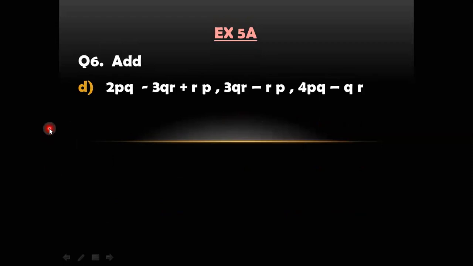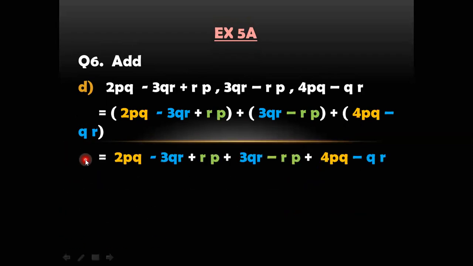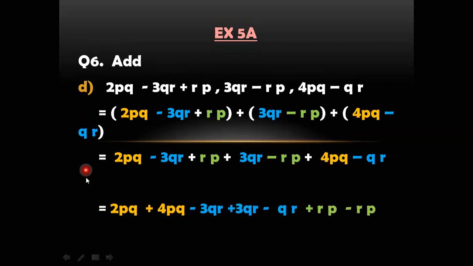Again we are having a very simple question of the addition. You can see that now we are adding them, we are putting brackets and placing addition sign, we are removing brackets here, and we are not changing any kind of sign. All the same terms which are having the same color, 2pq is having a yellow color, then blue is qr terms, and rp is having a green color.